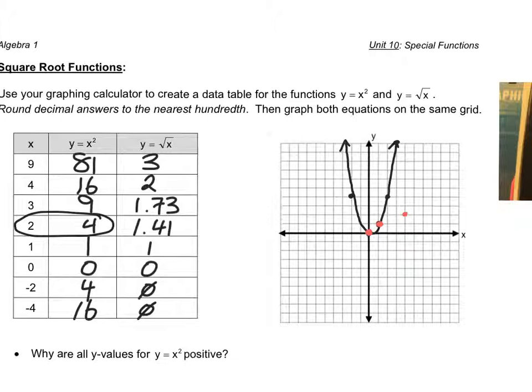And 9, 3. I think I went too high on the last graph, because I think that was supposed to go to 9. I think I went to 10. All right, so this looks like that.